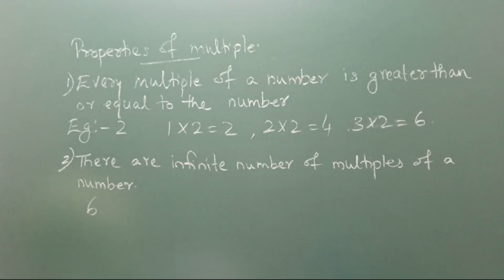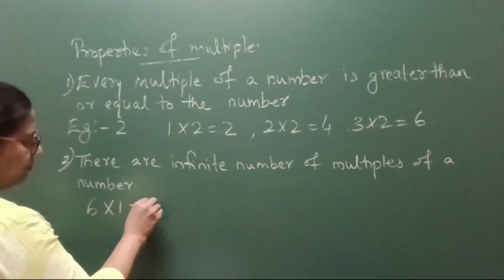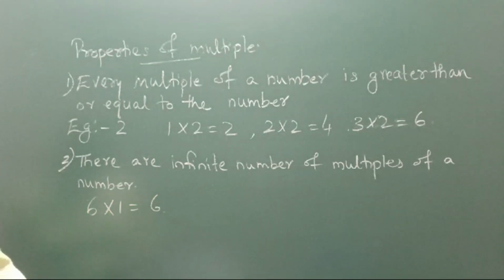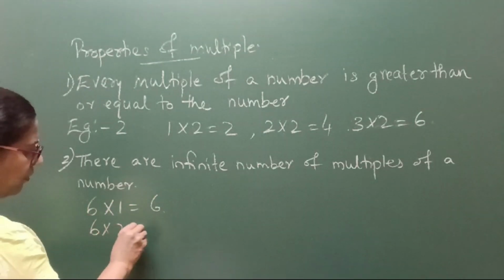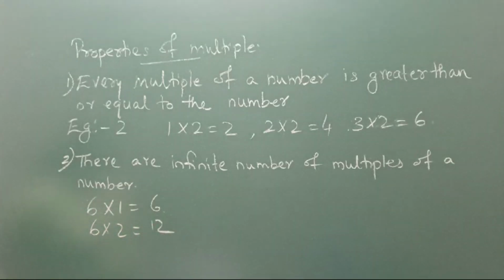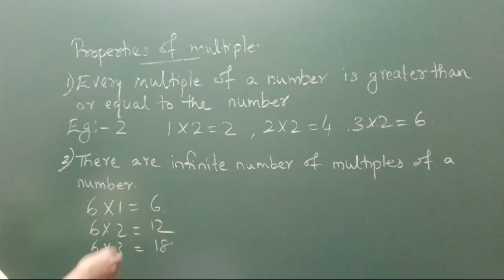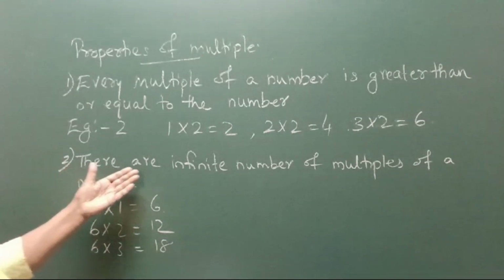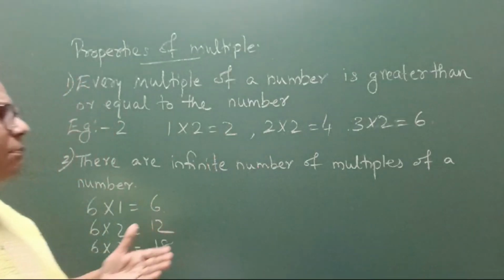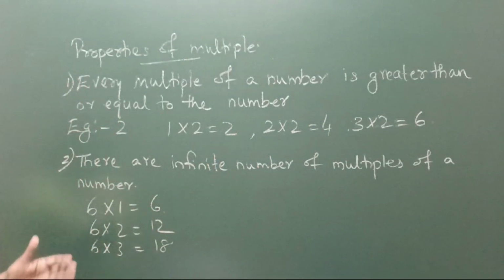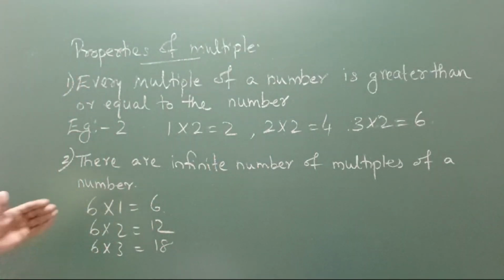What are the multiples of 6? 6 ones are 6, then 6 twos are 12, then 6 threes are 18. So they are infinite. There are an infinite number of multiples of a number. It keeps on going.